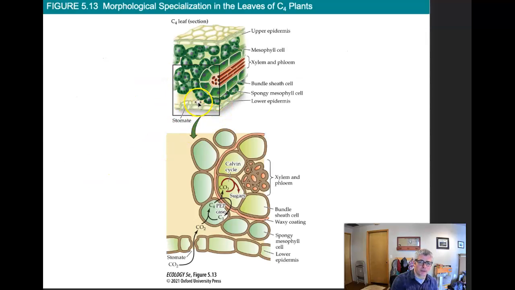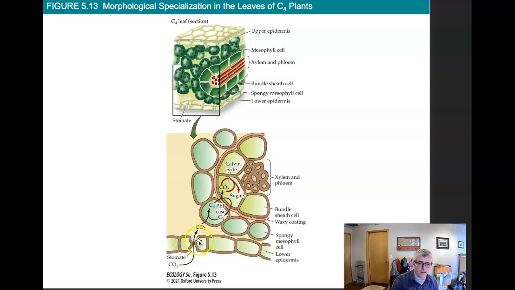So what this looks like at the cellular level is carbon dioxide is coming in through the stomate, and instead of going directly in where the Calvin cycle is operating, it goes into this PEP case, which is able to hold a lot of carbon dioxide, and then it aliquots that out or releases it to the Calvin-Benson cycle.